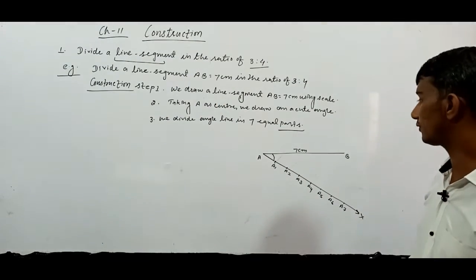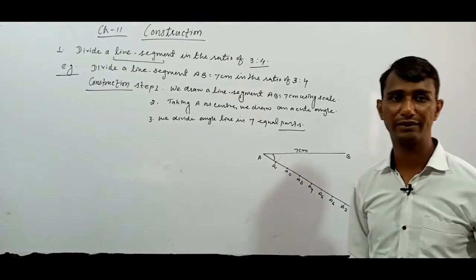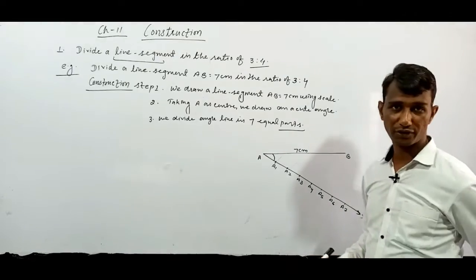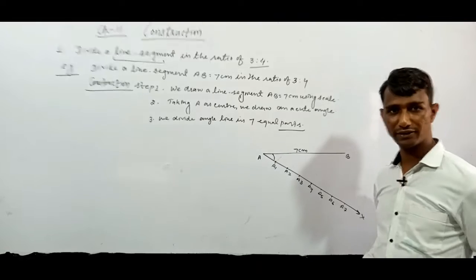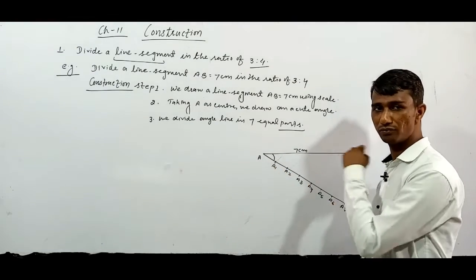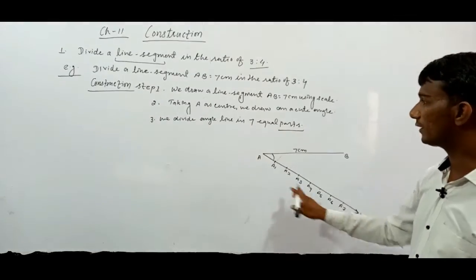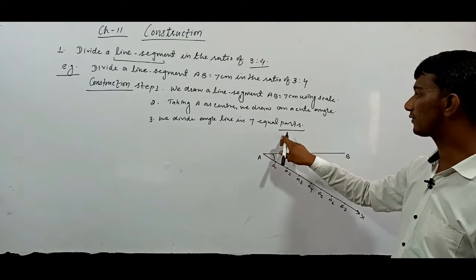It's your choice: you can take 2 length, 3 length, but dear student, the length remains the same. If you take 1 centimeter, all the parts have equal length, 1 centimeter. If you take 2, then you take 2, 2, 2. Here I am taking only 1 unit length for all the parts. So you mention we have divided the angle line in 7 equal parts.